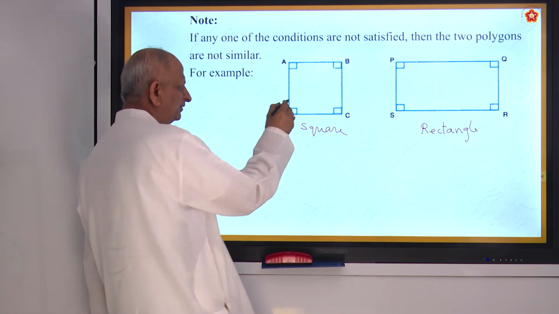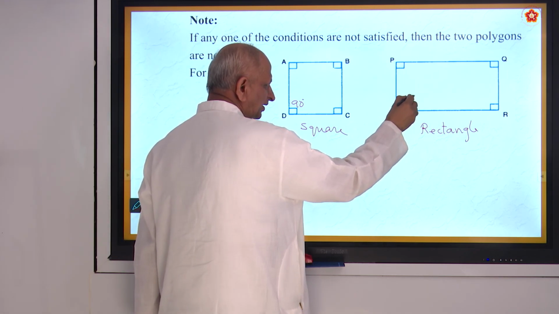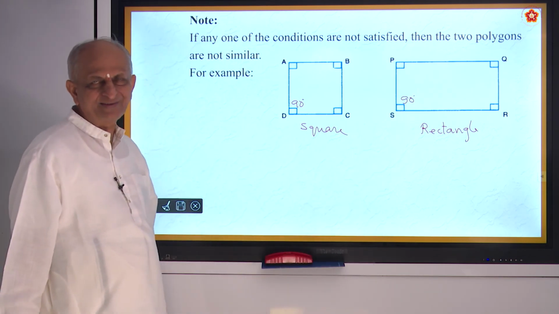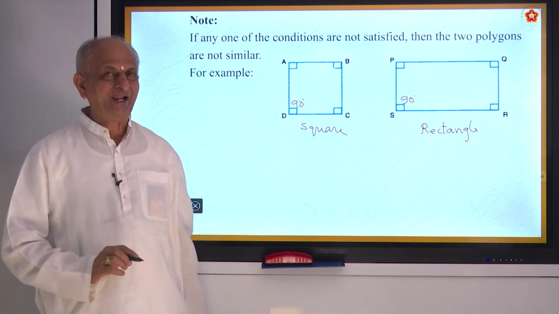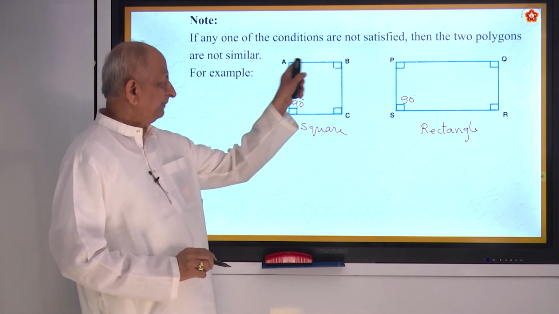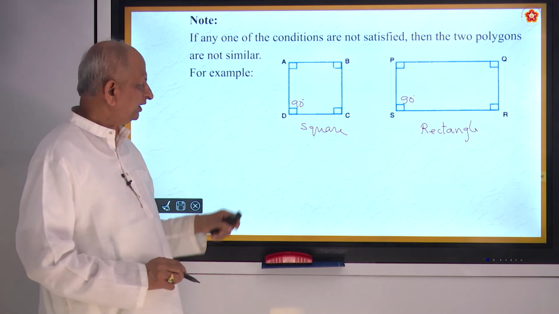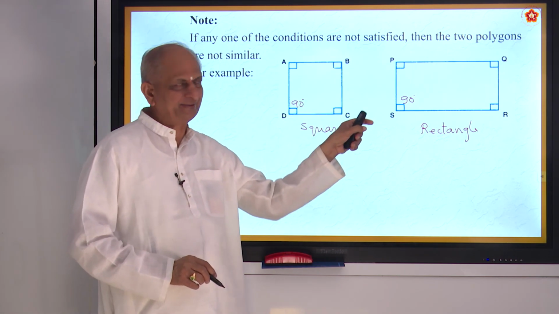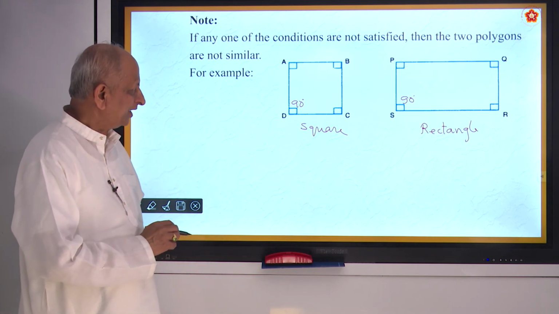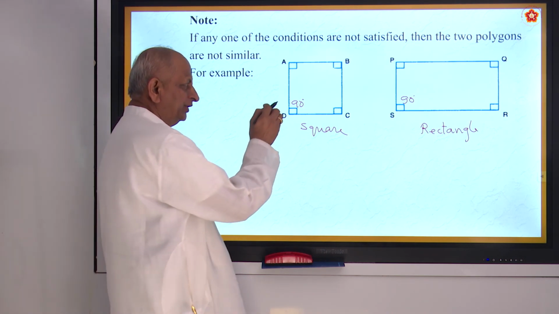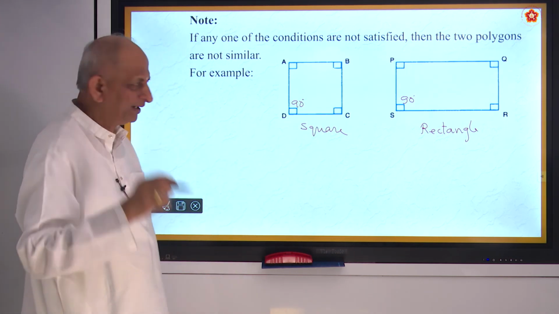How much is it? All are 90. Angles are equal. What about sides? Sides are not proportional, meaning AB by PQ is not equal to AD by PS. So the ratio of the sides is not equal. Therefore, even though they look alike, they are not similar.